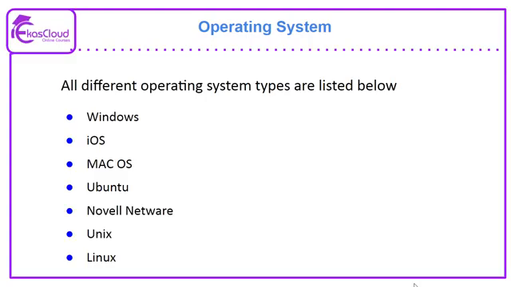Windows has two operating systems, one for server and another for client. The other products are iOS, Mac OS, Ubuntu, Novell Networks, Unix and Linux. These are all operating system products.